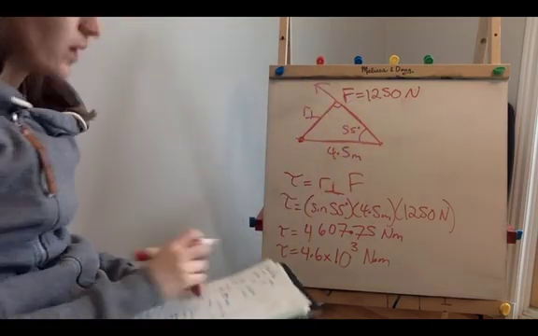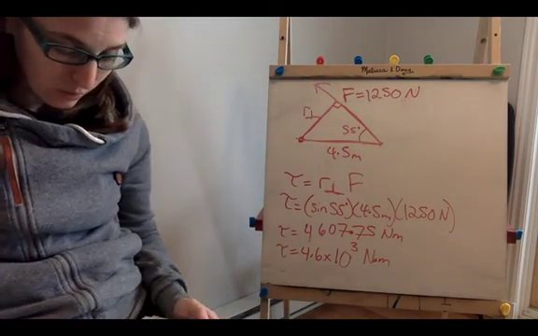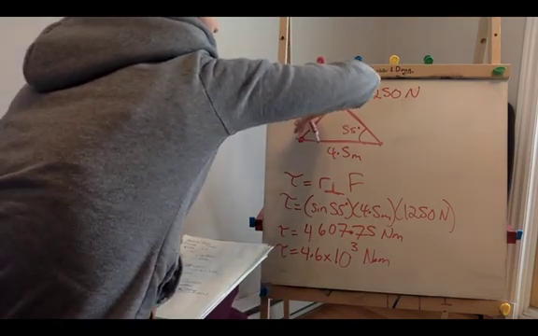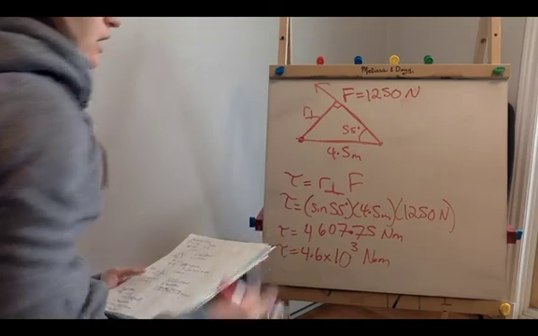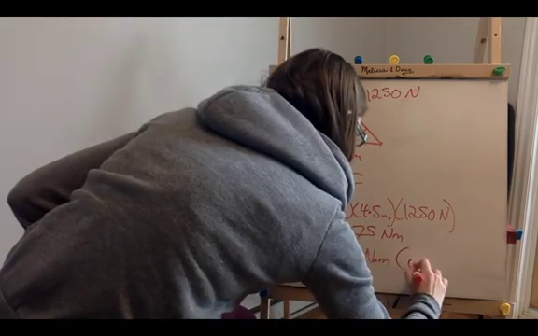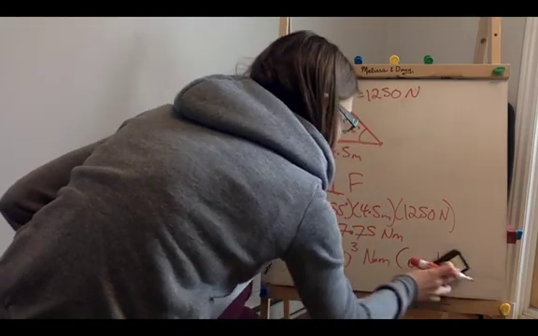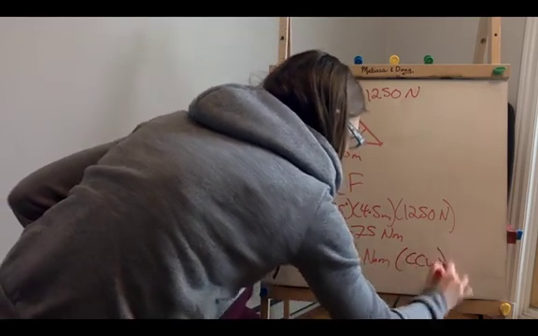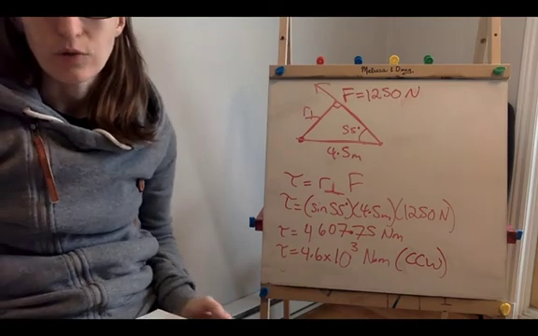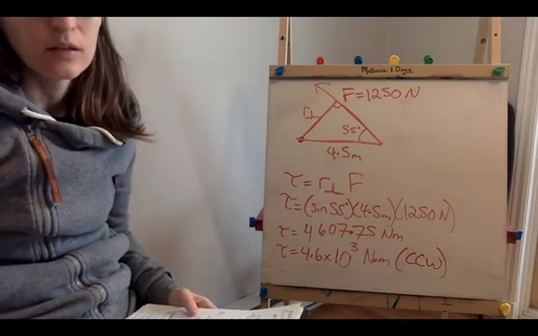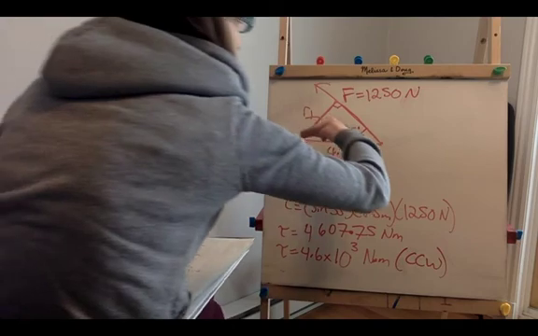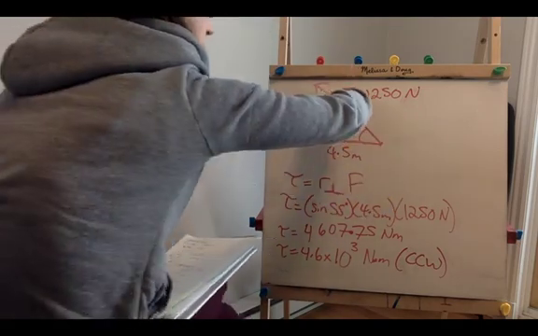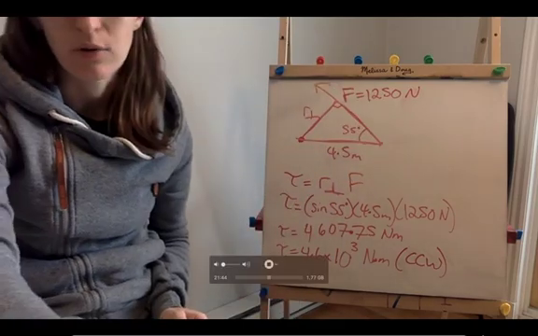That way, we end up getting a value that would be counterclockwise, because it would rotate up. So you can either write counterclockwise, or you'll see CCW for your direction. Placing it there and rotating it that way, your thumb comes up, so it's counterclockwise.